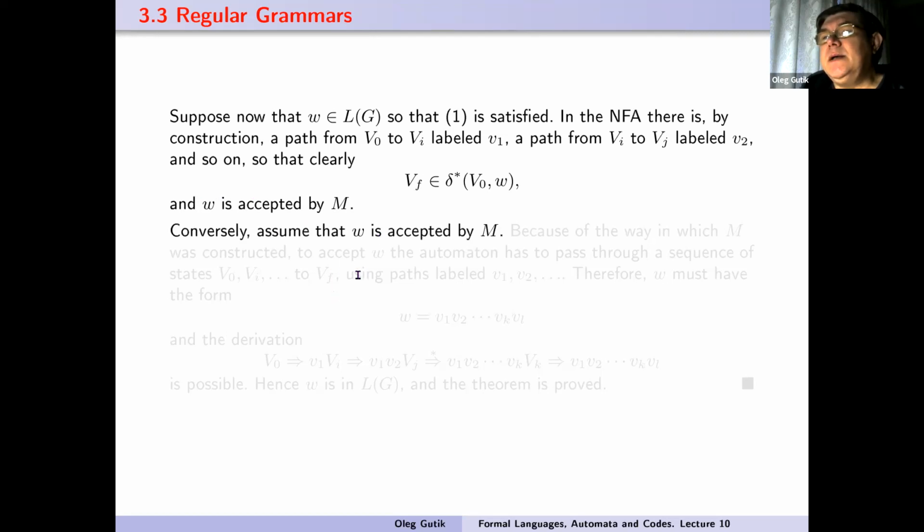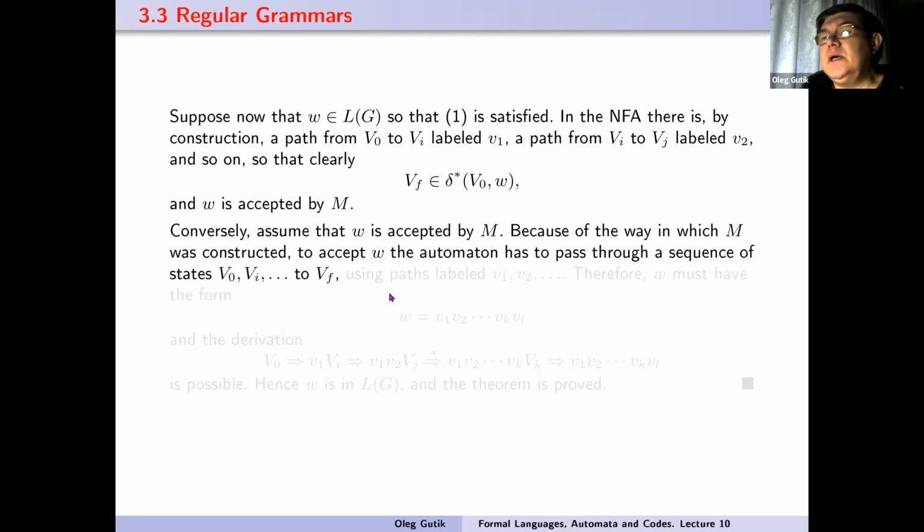Conversely, assume that the word w is accepted by automaton M. Because of the way in which automaton M was constructed, to accept the word w, the automaton has to pass through a sequence of stages V_0, V_i, so on, to V_F, using paths labeled by the words v1, v2, and so on.